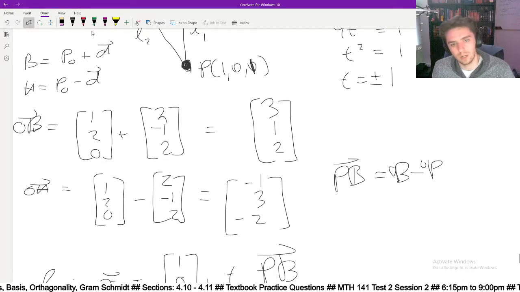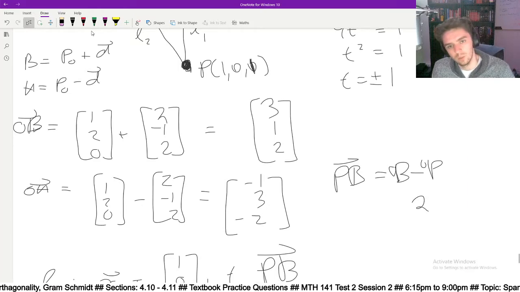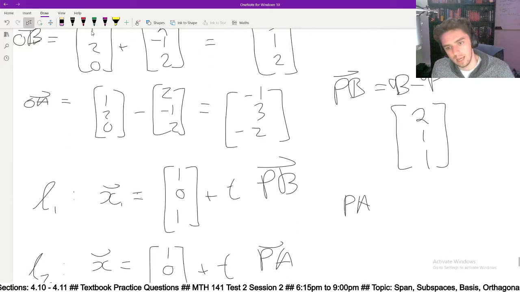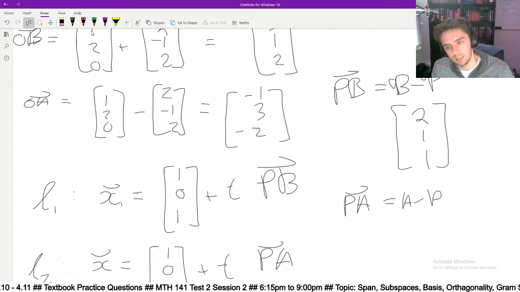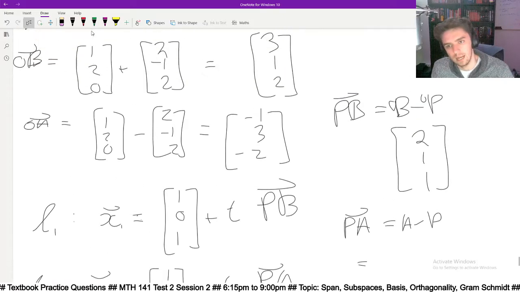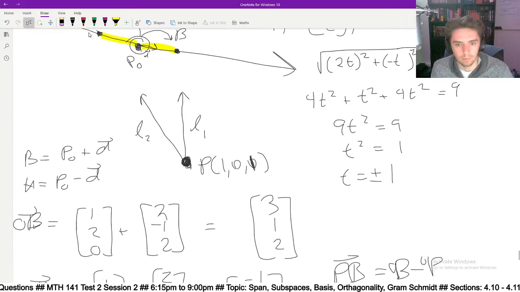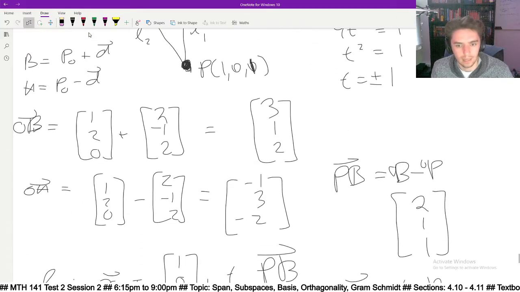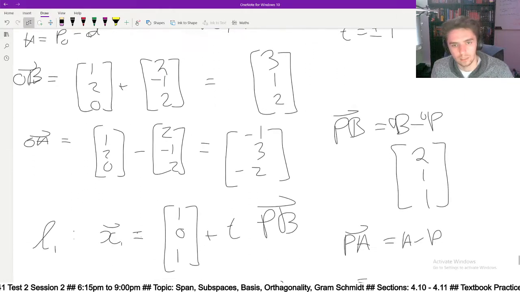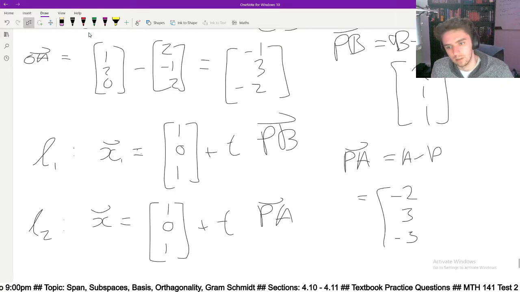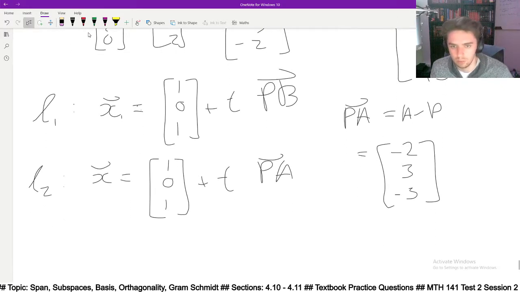So 3 minus 1 is 2, 1 minus 0 is 1, 2 minus 1 is 1. That's PB. And PA is going to be A minus P. A is here. So 1 minus 1, minus 2. 3 minus 0, 3. Negative 2 minus 1, negative 3. Okay, so we can just put that in.